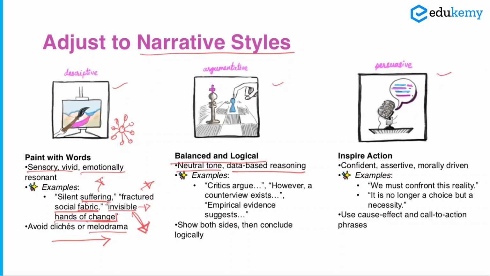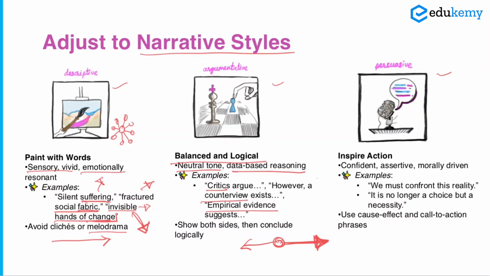Some tools that you can use are things like critics, counterview, empirical evidence. So you're saying one thing and then you're saying, however, there is another school of thought or another counter view, or empirical evidence suggests something else, or some critiques of this idea suggest that it has these cons.